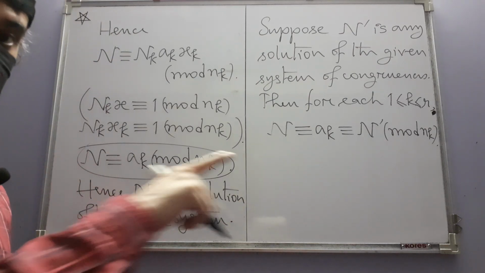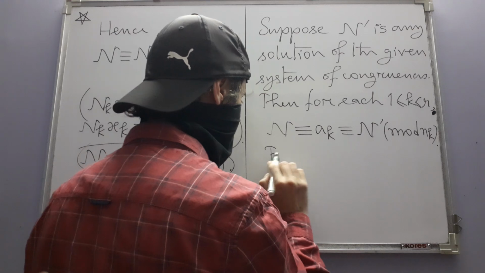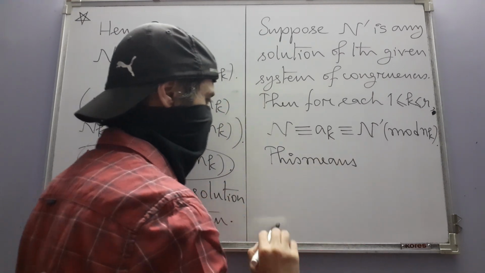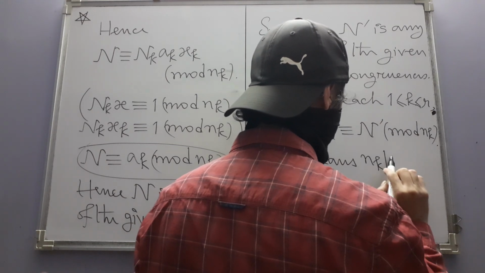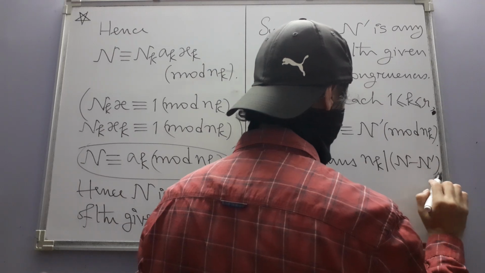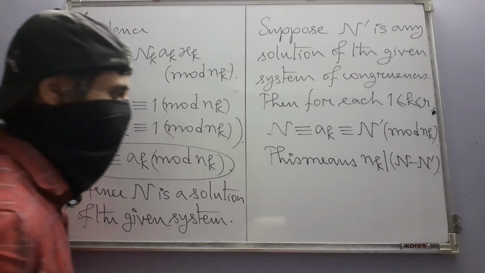But still, that modulus is changing, right? This means, because the n_k are positive integers, non-zero in fact, that they divide n minus n'. So all the n_k divide n minus n'.